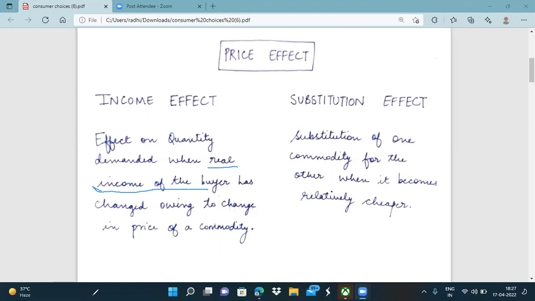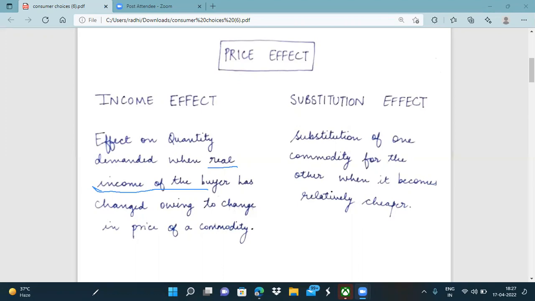Now we are going to discuss the substitution effect. The substitution effect is the substitution of one commodity for another commodity when it becomes relatively cheaper.